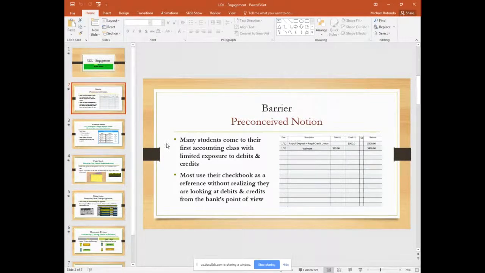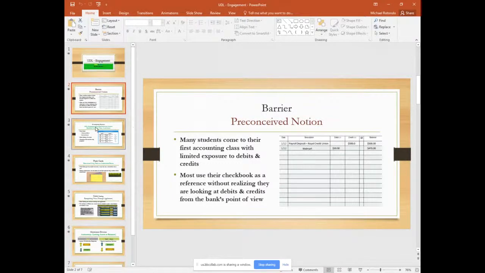So one of the things we might be able to do is bring in a check register and show them the difference, because that's often the reason that they think that debits are always minuses and credits are always pluses. They're not realizing that they're looking at it from the bank's point of view. So that may be one way to address this issue.